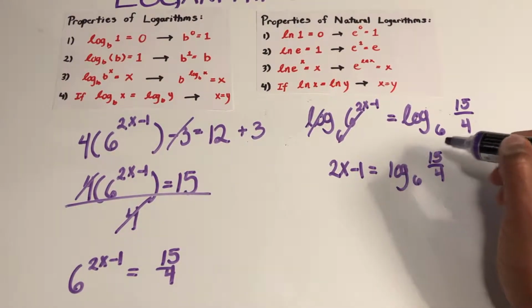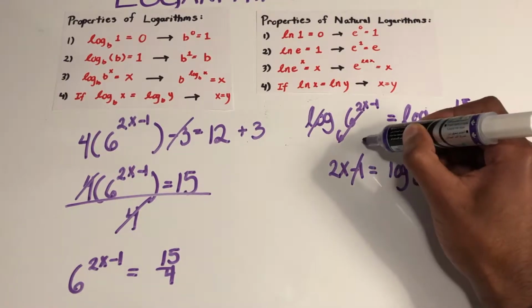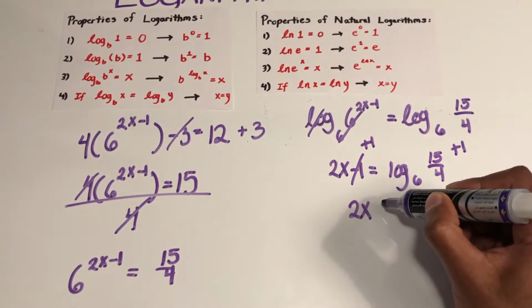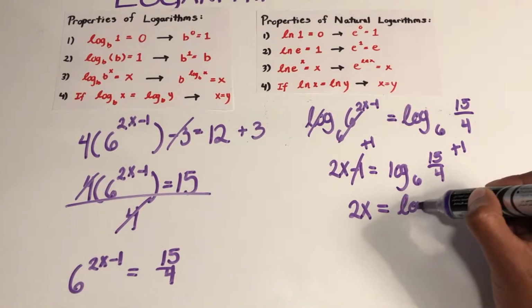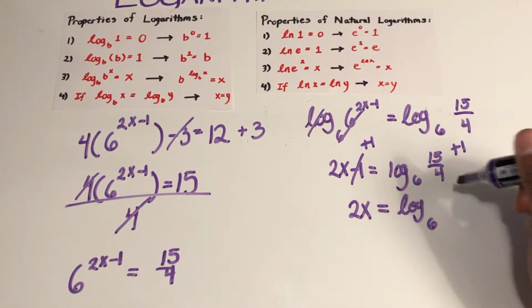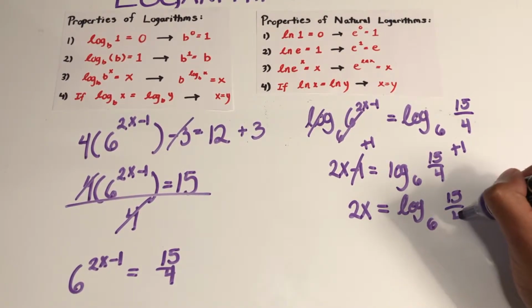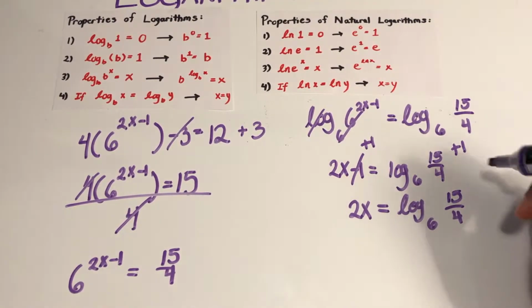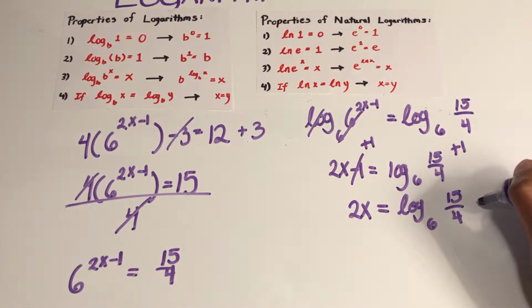Now we can move this 1 to the other side and end up with 2x is equal to log base 6 of 15 over 4, plus 1.